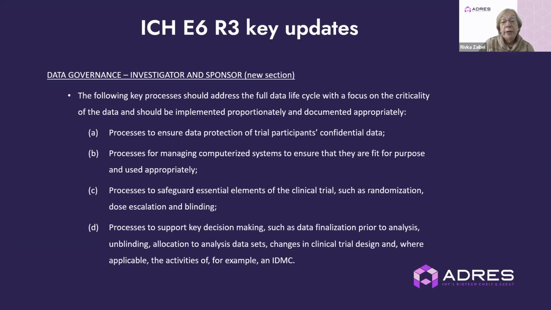Processes to safeguard essential elements of the clinical trial, such as randomization, dose escalation, and blinding. Processes to support key decision-making, such as data finalization prior to analysis, unblinding, allocation to analysis data sets, changes in clinical trial design, and where applicable, the activities of, for example, an IDMC.